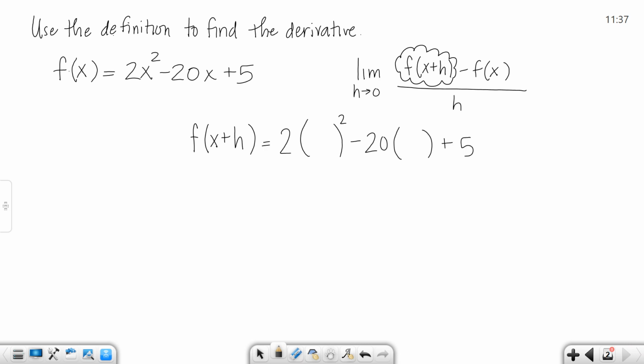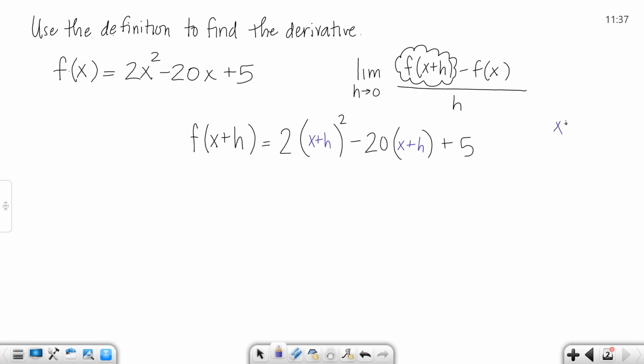Notice there's an x plus h in parentheses. That x plus h is what goes in the parentheses all the way across. That's what replaces the x.